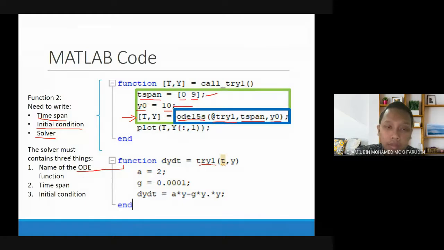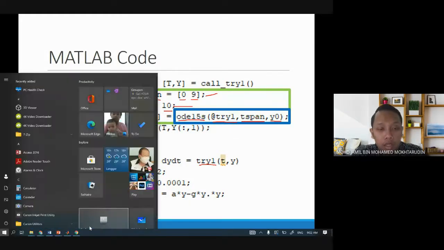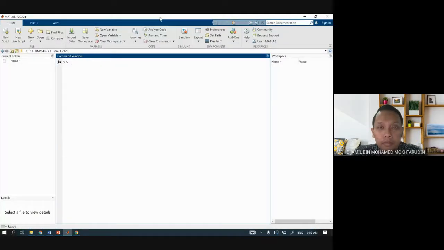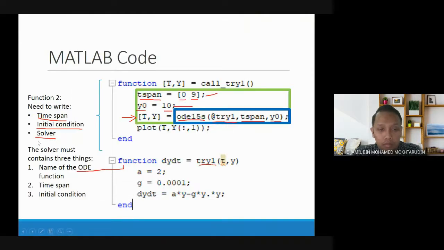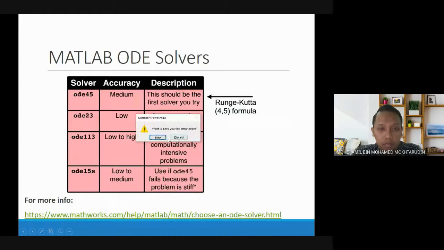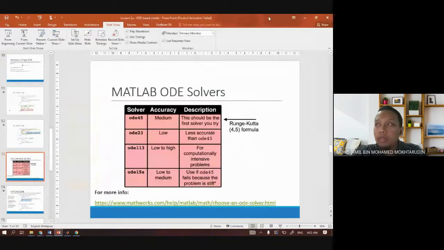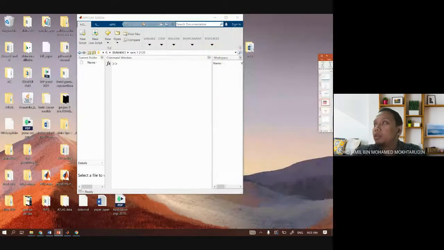So let's try writing this in Matlab and see what happens.